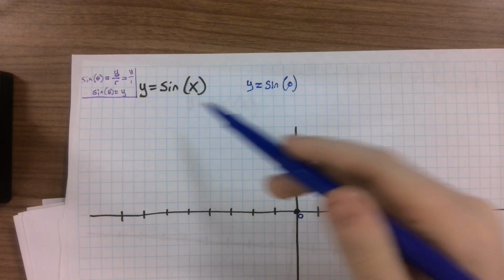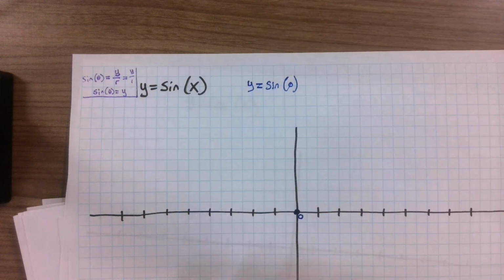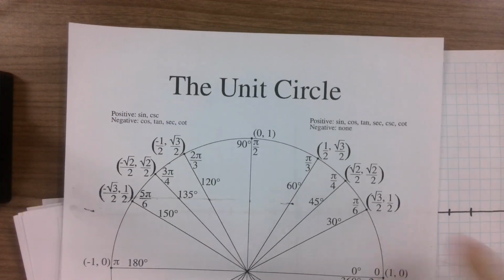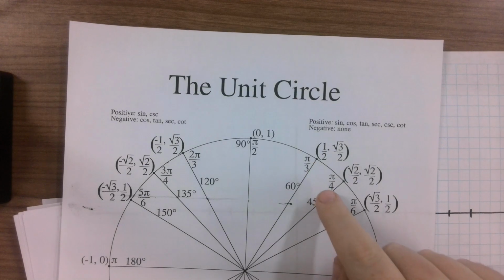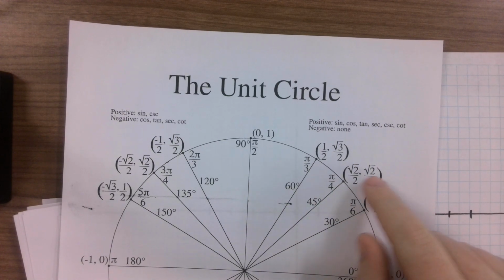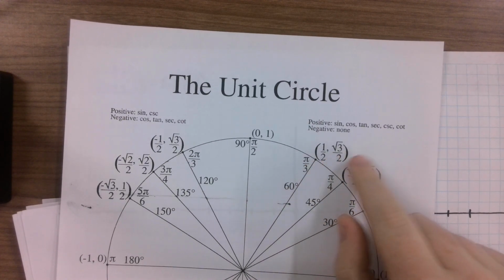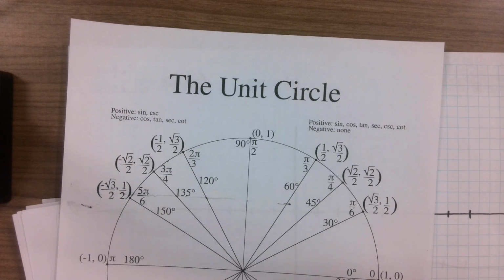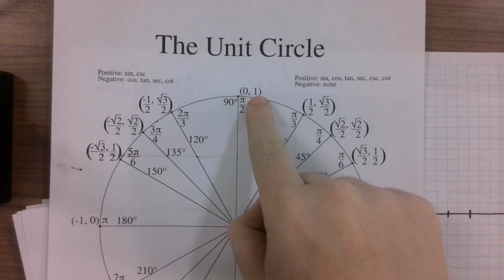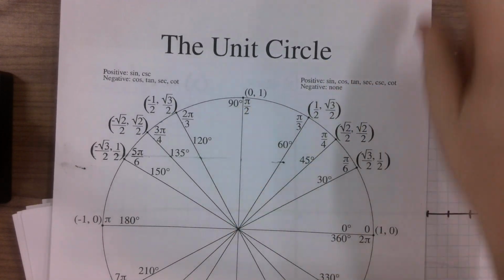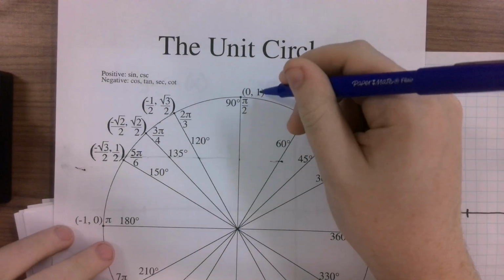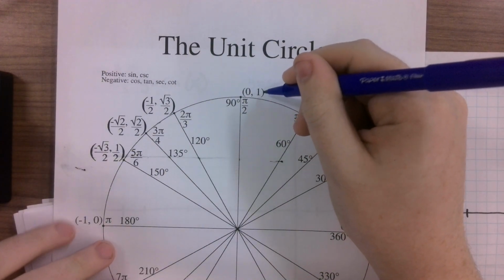Now, I could plug in a bunch of other radian values for x. I could find what sine of pi over 6 is, that's 1/2, or pi over 4, that's root 2 over 2, or pi over 3, that's root 3 over 2. I kind of want one that's a little bit nicer, not a fraction, just a whole number. The next whole number measurement we get is at pi over 2 radians, and the y value of that point is just 1.